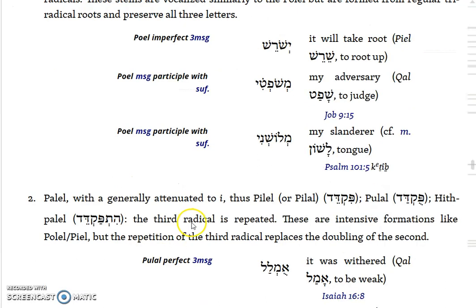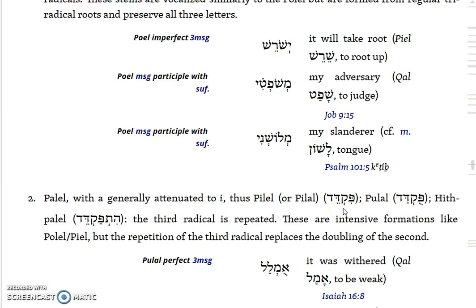Pa'al, with the general attention to the I, plus a pilpel, or another two rare stems. So you take the root kadad, and it'll follow the pilel pattern, where you get an I vowel, and then a doubling of the dalet there in between the vowel.